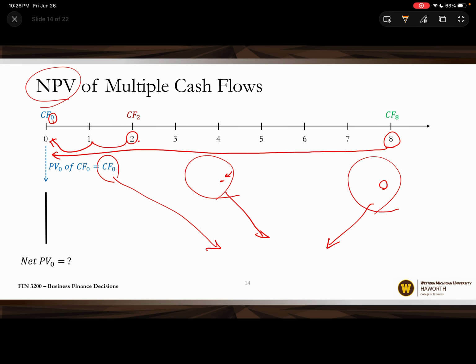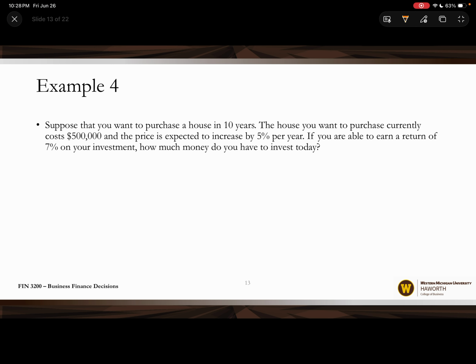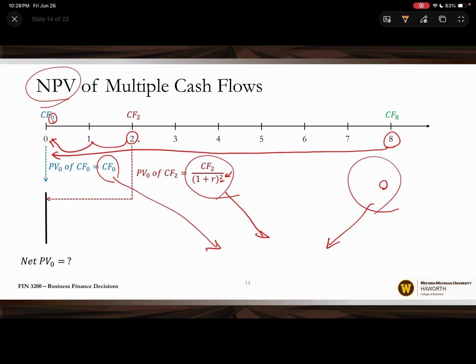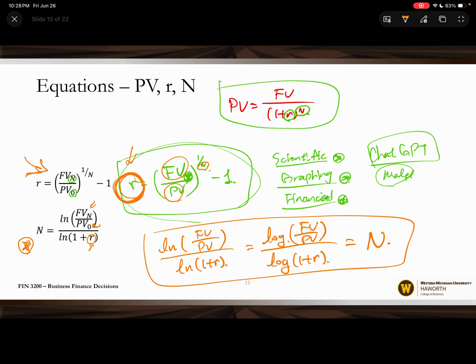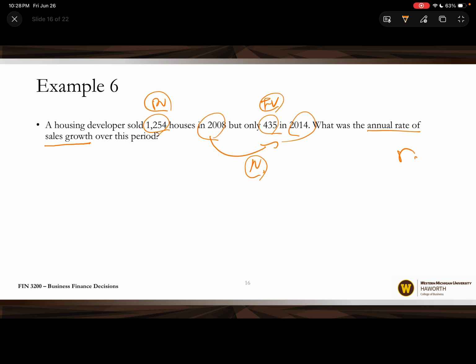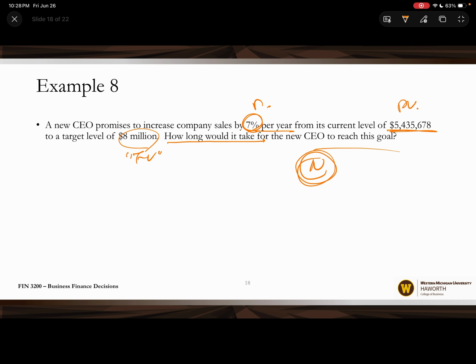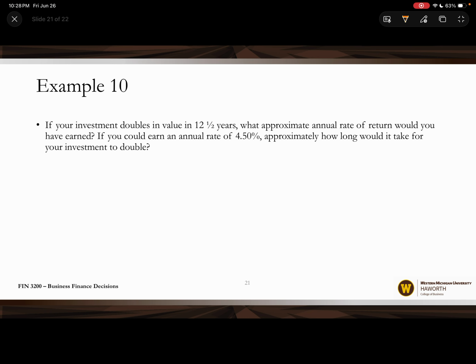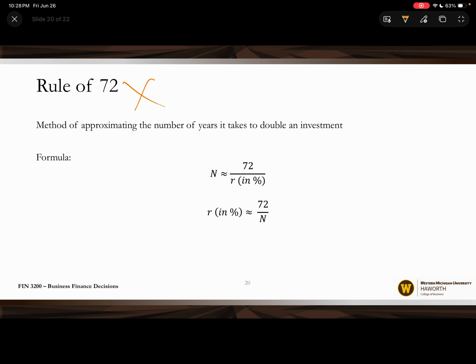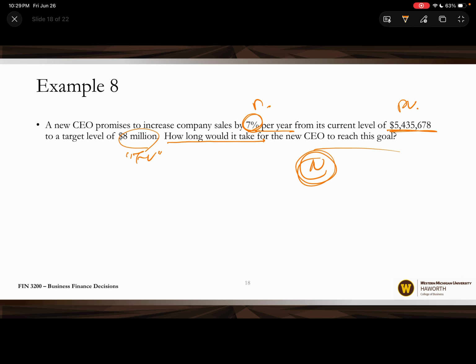Example 4, then example 6, 7, and 8, there's no example 5. We're going to skip example 9 and the rule of 72. Pretty useless rule. I should remove it. And example 10 is not on the exam. Anything we don't cover in the course will never be on the exam.